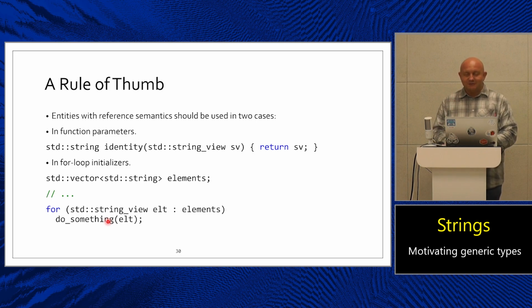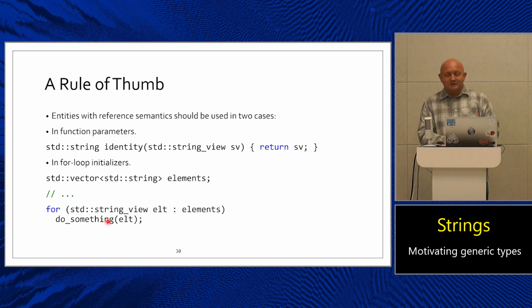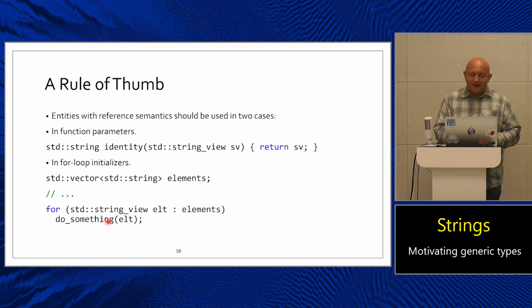First, in function parameters. Why? Because the owner is on the outside. The caller owns the memory, so you're safe inside the function. Here, everything is great. Whatever I do, it will not tamper, because someone else owns this memory from outside.